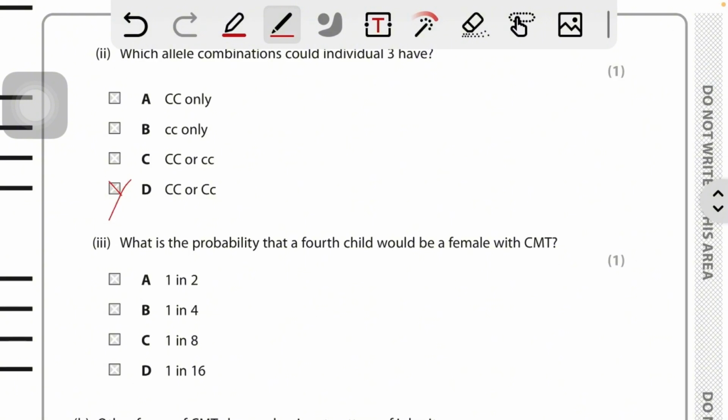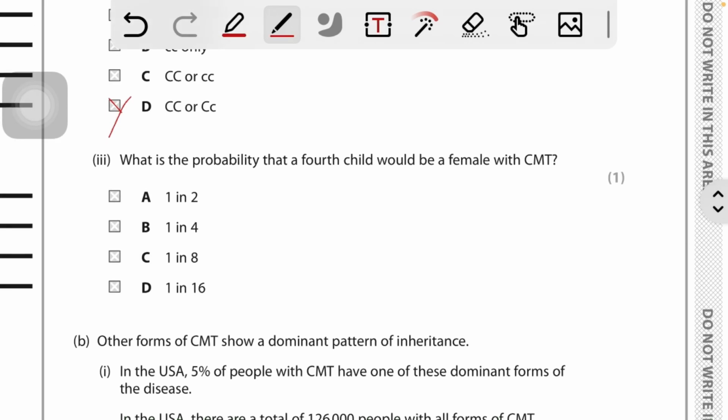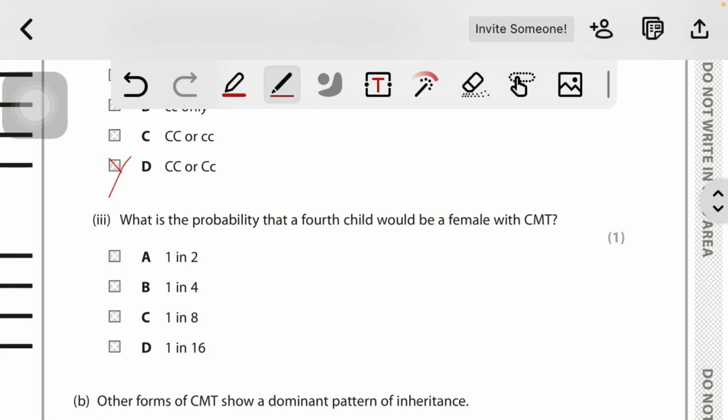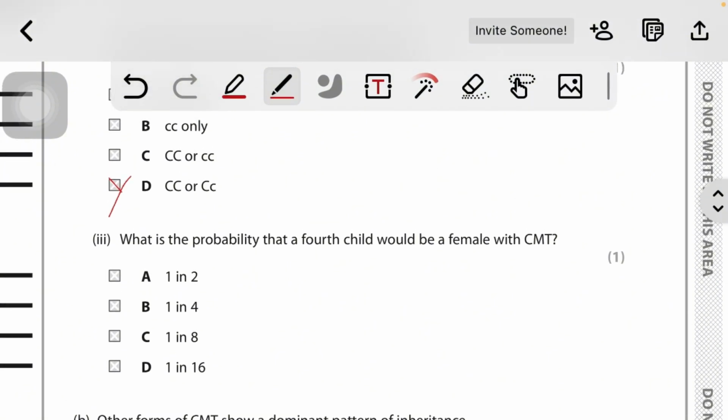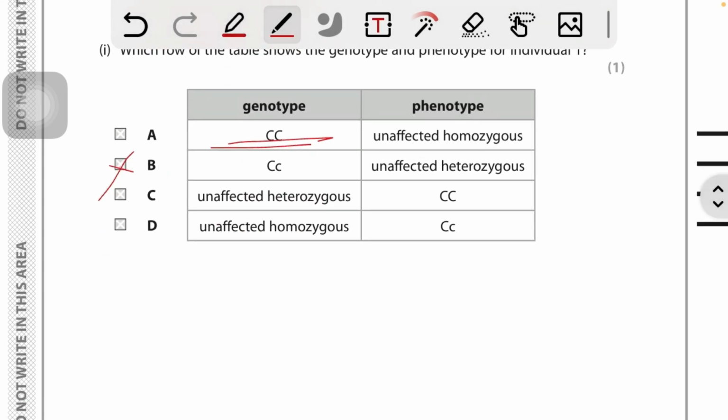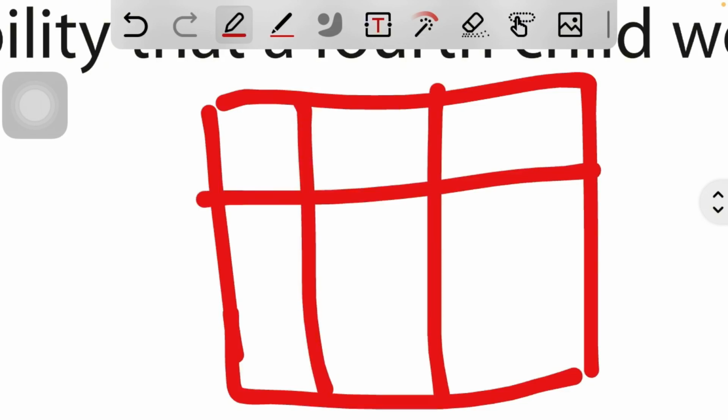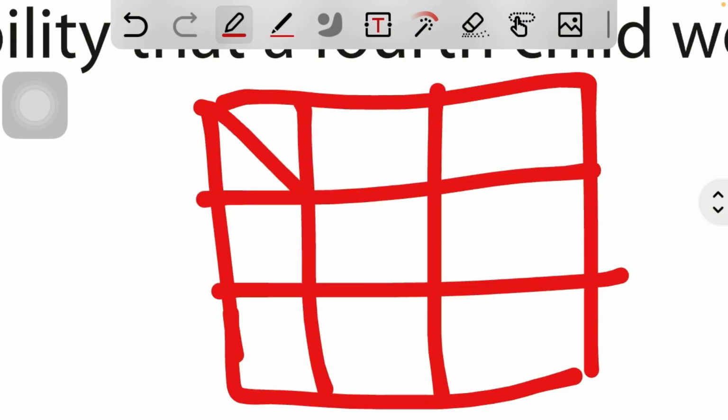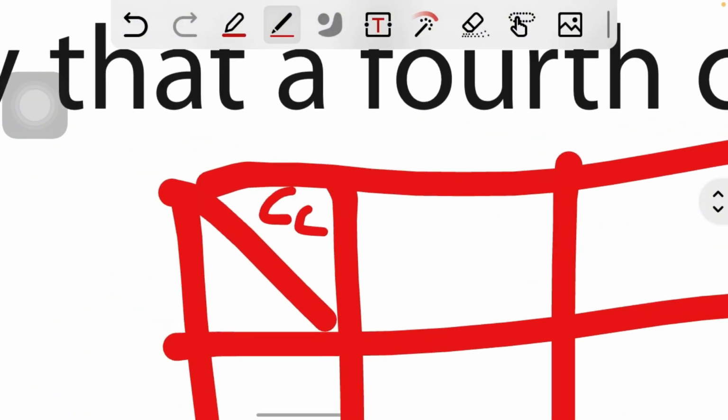What is the probability that a 4th child would be a female with CMT? With CMT, if we do crossing over, they are both carriers, right? If we do little crossing over here, it's from the table. Capital C, small c.